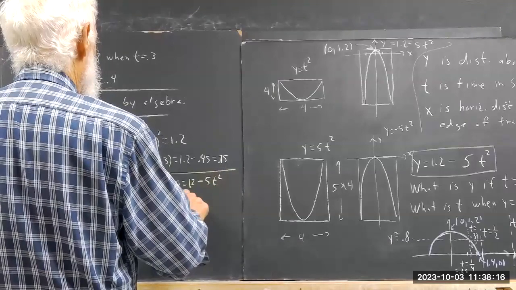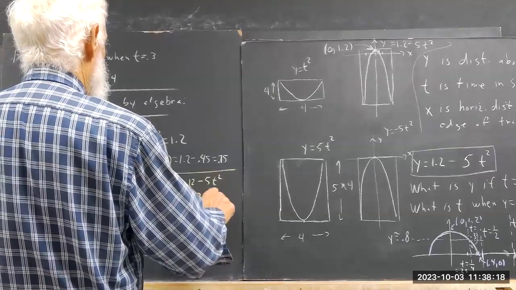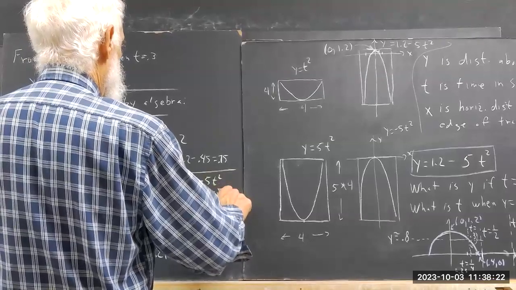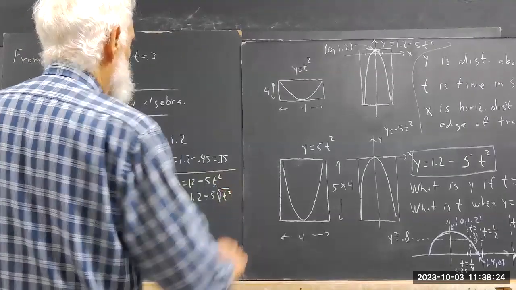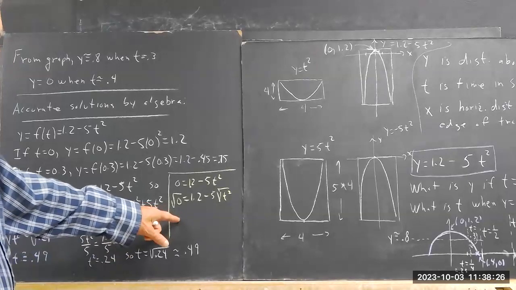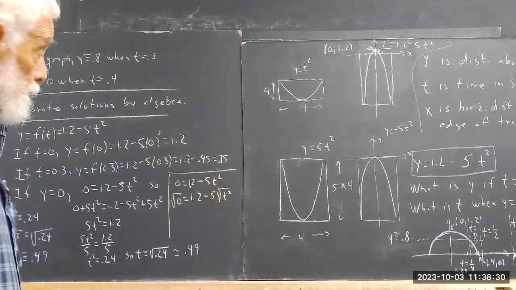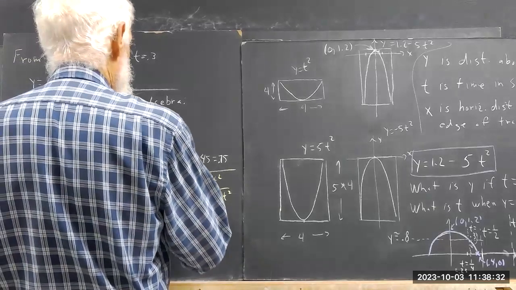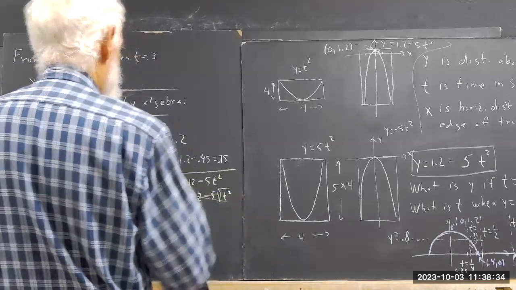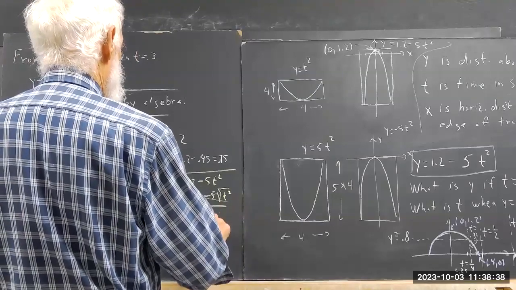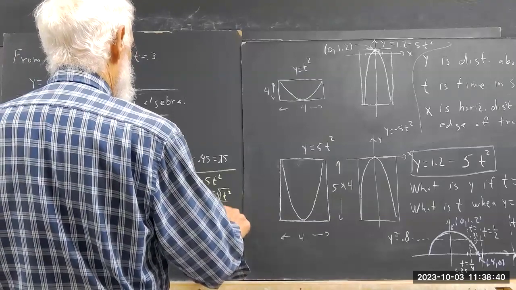Took the square root of 0 equals 1.2 minus 5 times the square root of t squared. This is not valid because you have to take the square root of both sides. So if you're going to take the square root at this point, you'd write the square root of 0 equals the square root of 1.2 minus 5t squared.